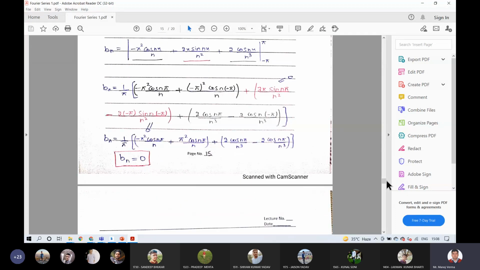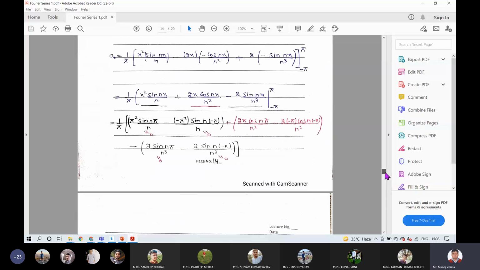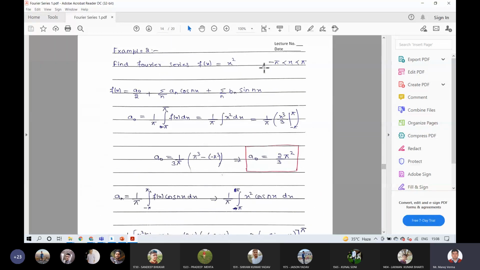So in this particular question, yes, you can use that property. If limits are from minus pi to pi and the function is even, then the bn coefficient will be 0. Similarly, if it was x cube with the same limits, that means the function is odd, then a naught and an will become 0 automatically, and you just have to calculate the value of bn.